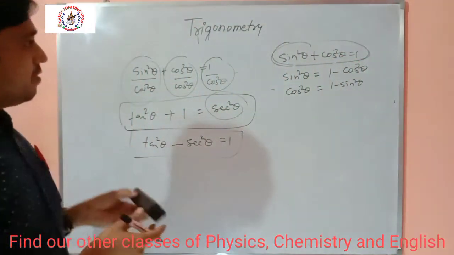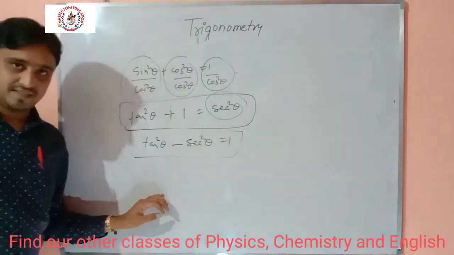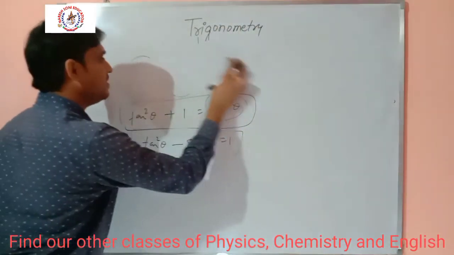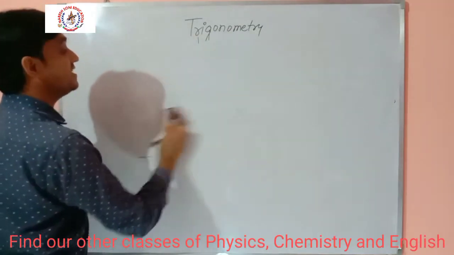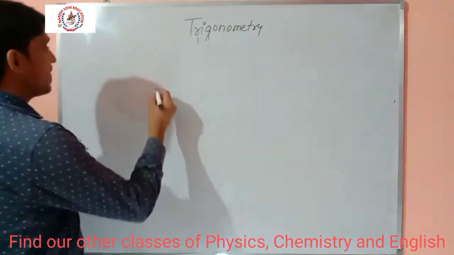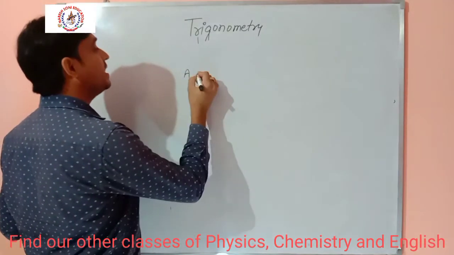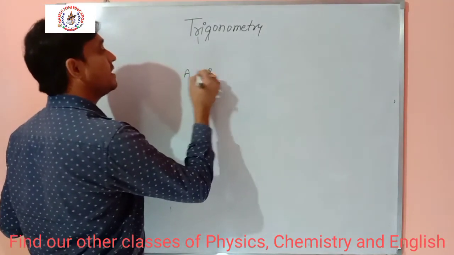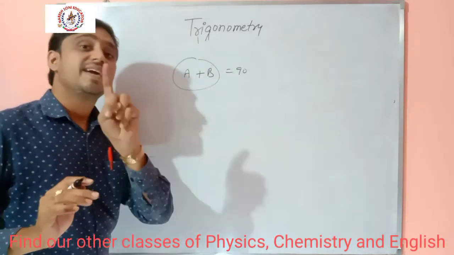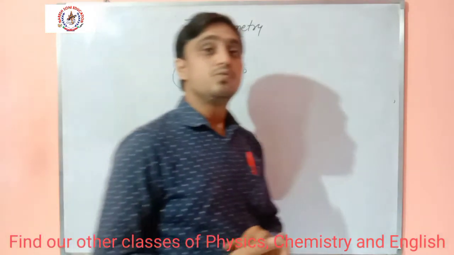Okay. Now we'll move towards complementary angles. Trigonometric ratios of complementary angles. What do you mean by complementary angles? Let me tell you, if you don't know what complementary angles are. If the sum of two angles, like one angle is A and another is B, is 90 degree, then we can say these two angles are complementary to each other.